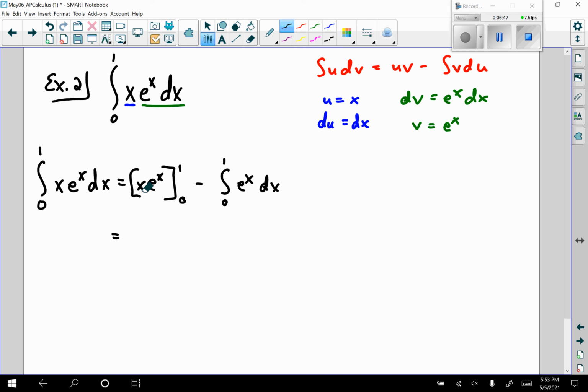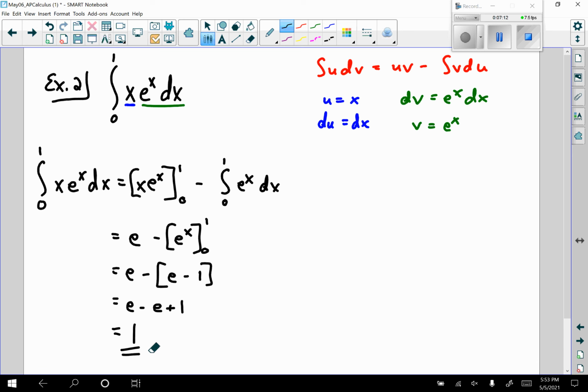So now just evaluating, first we're going to have a 1, so we'll have 1 times e to the first, which is just e, minus a 0. So I'm not even going to write that. And then minus, here, the antiderivative of e to the x is e to the x again, as x goes from 0 to 1. So we'll get e to the first, which is e, minus e to the 0, which is 1. So we get e minus e plus 1, which is just 1.